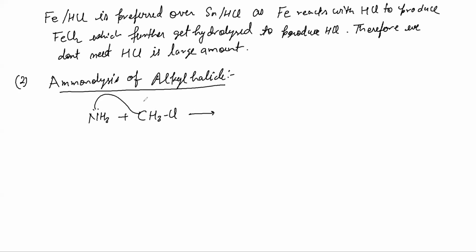Nitrogen lone pair attacks here because here you have delta plus. So in the very beginning, you get CH3NH3+ Cl minus. And if you heat it slightly, HCl is removed, and you get CH3NH2. This reaction we have already seen in alkyl halide.